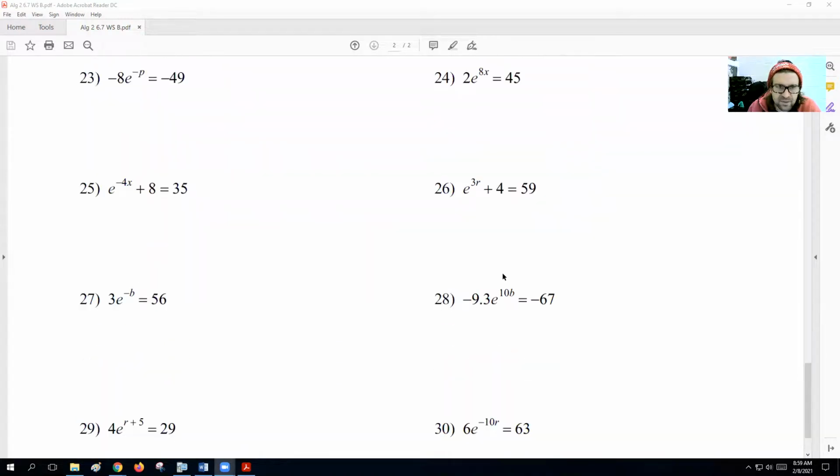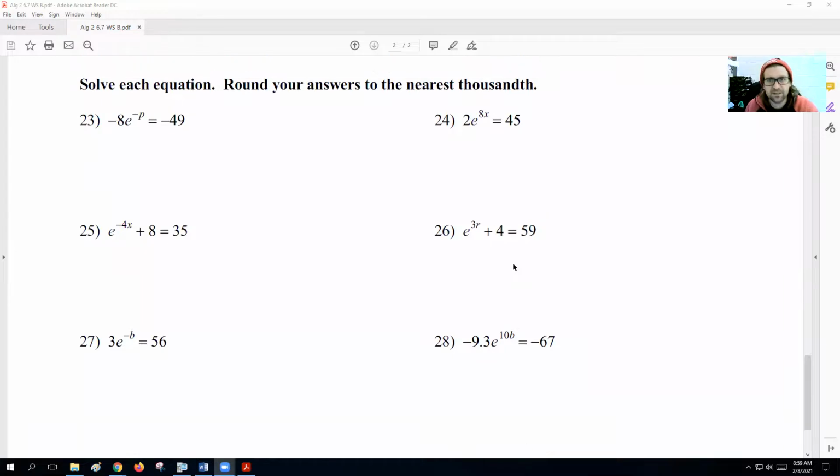All right, and then the last group here is how do we get rid of the e? To get rid of an e, we have to isolate it first. So in this problem here, we're going to divide by 8. We get e to the negative p power is equal to negative 49 divided by negative 8. Then to get rid of the e, to make this a negative p, you're going to take the natural log of the answer, so whatever 49 divided by 8 is.